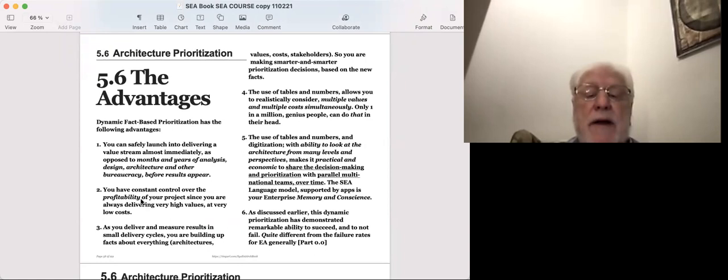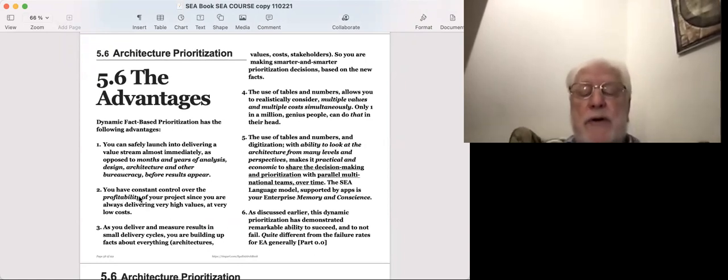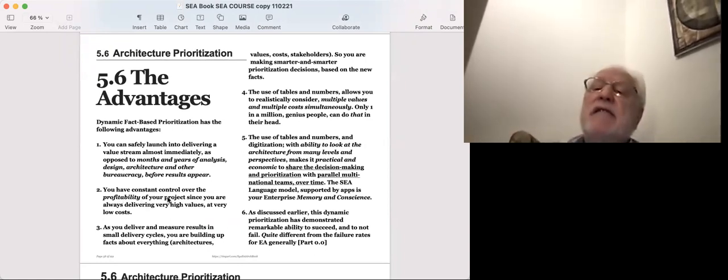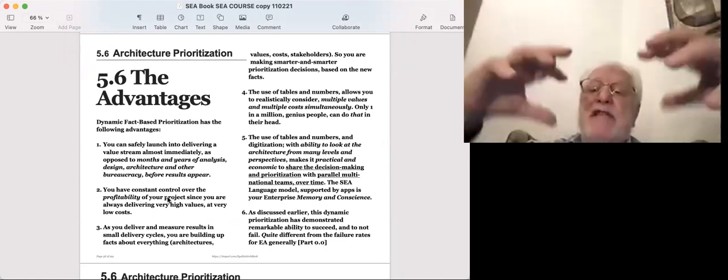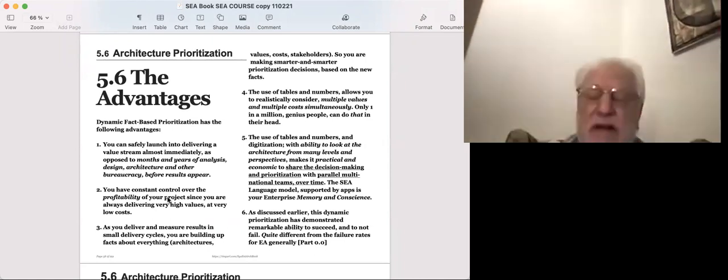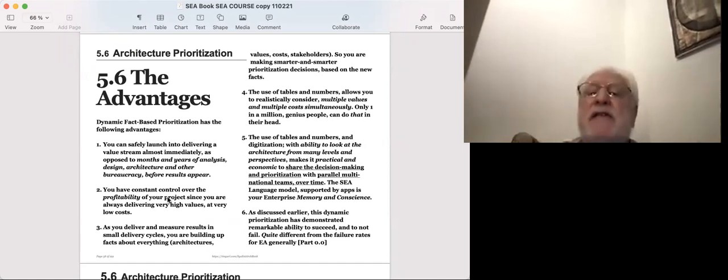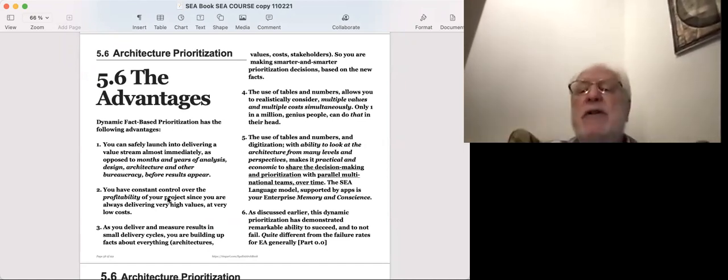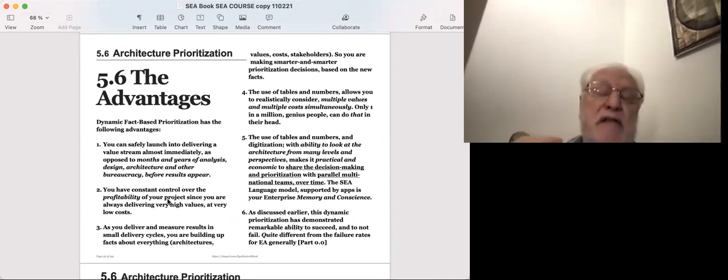You're going to have constant control over the profitability of your project, since you hopefully have some kind of a values to costs policy. Therefore, you're constantly choosing the most profitable architectures to deliver. And even though there will be some deviation from your expectations, there will still be some learning what things really cost, where you then learn to avoid unexpectedly high cost architectures.